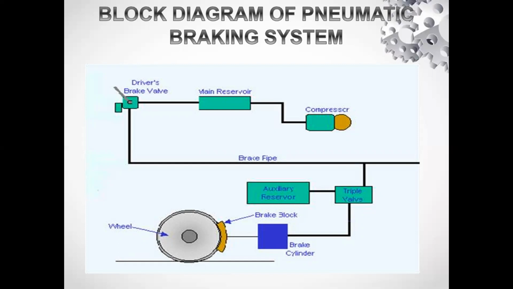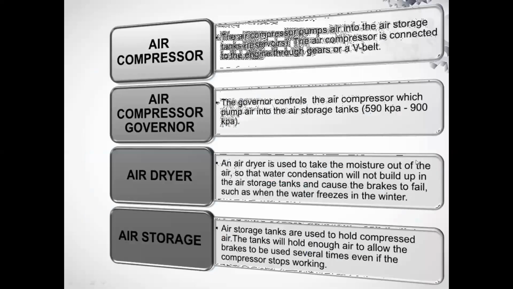This driver's brake pedal is connected to the triple valve and the auxiliary reservoir. This triple valve is connected to the brake cylinder, the brake cylinder is connected to the brake block, and this brake block is connected to the wheel of the automobile. So these are the components of the pneumatic braking system.